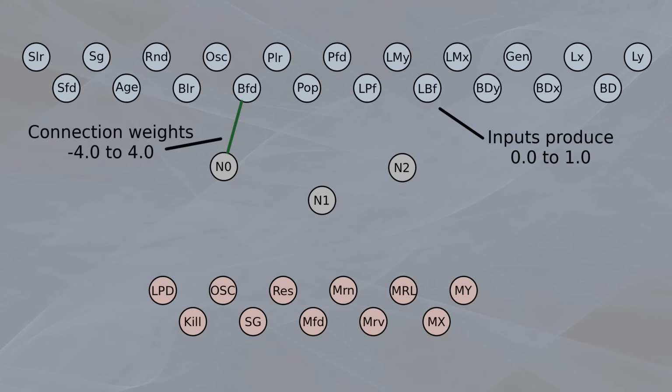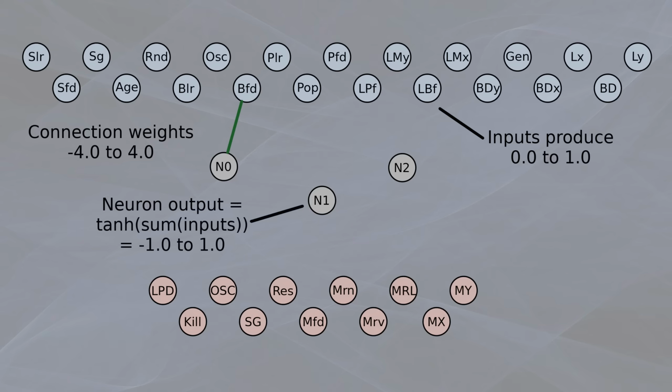Some of my fellow programmers will want just a little bit more detail, and here it is. The input sensory neurons produce a floating point number between 0 and 1. They get multiplied by the weight of the connection, which is a small floating point number in a small range, say between -4 and +4. Each of the internal neurons will sum up all of the weighted input connections, and it will take that sum, positive or negative, and run it through a hyperbolic tangent function to produce a number between -1 and +1.